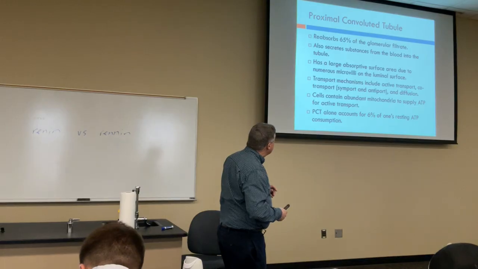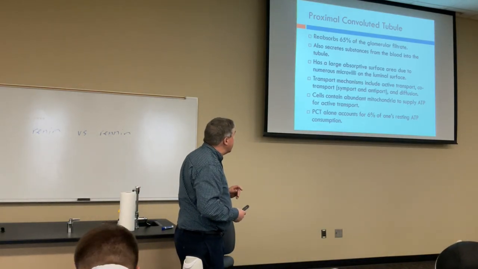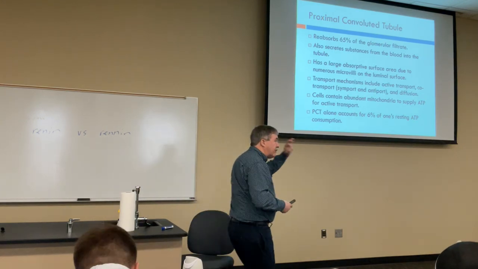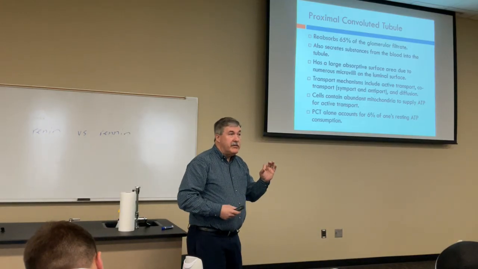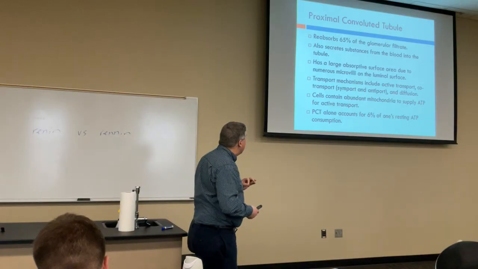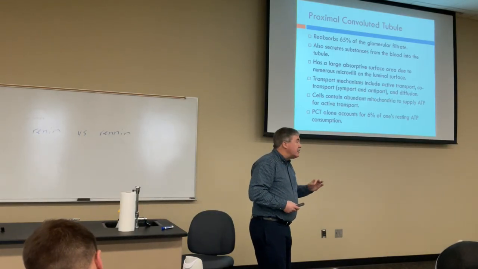The proximal convoluted tubule has a very large absorptive surface area because on the luminal surface of the cells that form its walls, there are numerous microvilli. And you need a large surface area for transport.